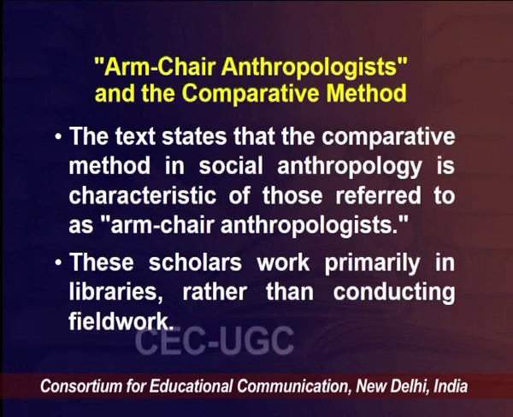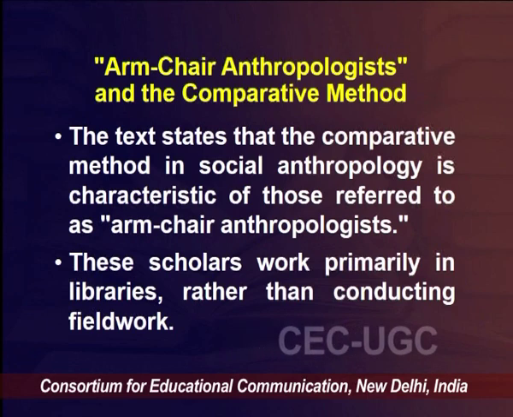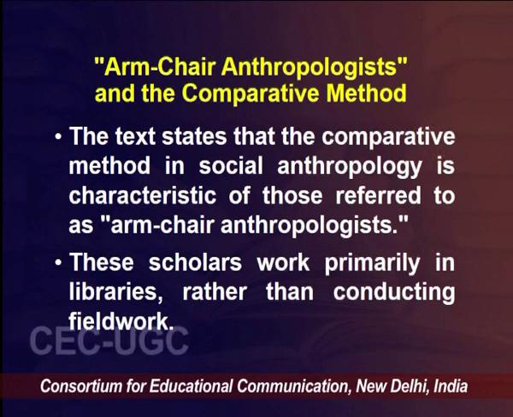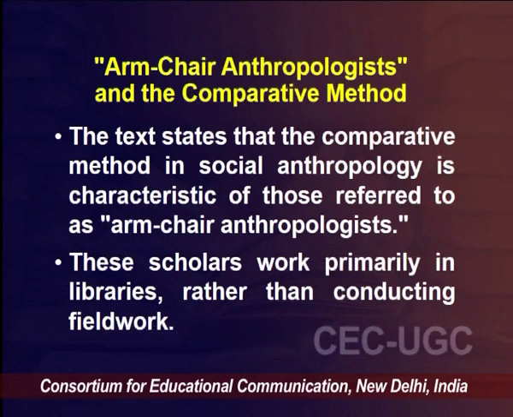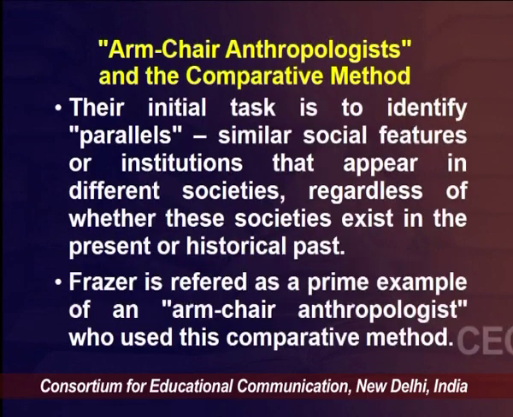So, the text states that the comparative method in social anthropology is characteristic of those referred to as armchair anthropologists. These scholars work primarily in libraries rather than conducting fieldwork. The initial task is to identify parallels, similar social features or institutions that appear in different societies, regardless of whether the society exists in the present or historical past.